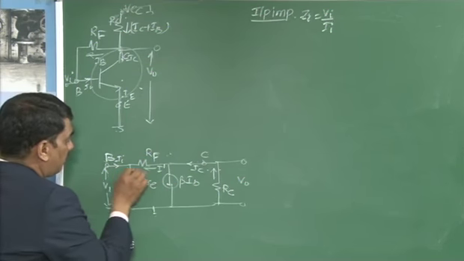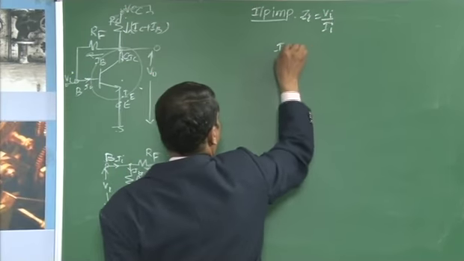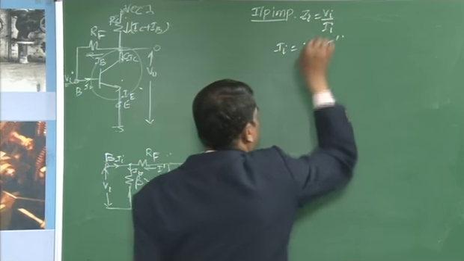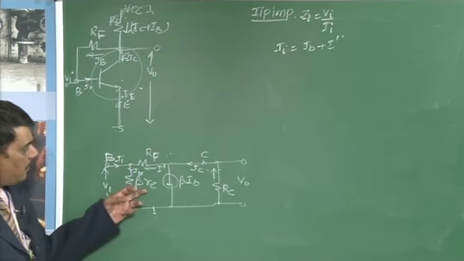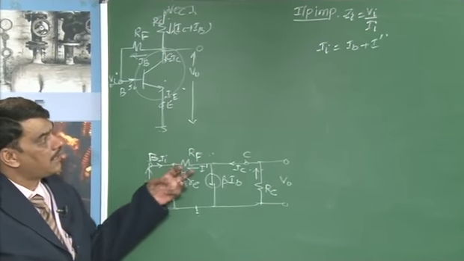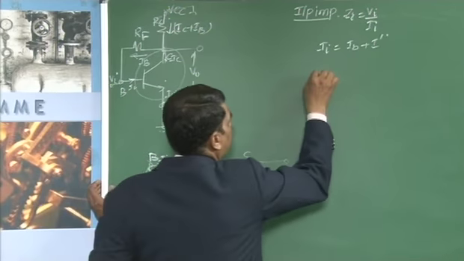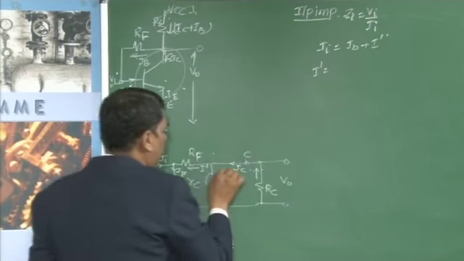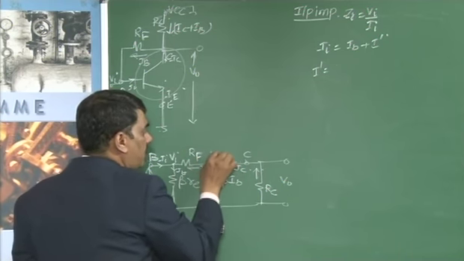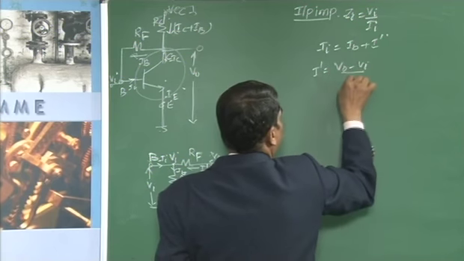At this node, Ii is equal to the sum of the currents IB plus I dash, where IB is the current flowing through the resistance beta times RE, and I dash is the current flowing through the resistance RF. You need to determine I dash. I dash is found from the potential difference across RF: the voltage at this point is Vi, the voltage at this point is V0, hence I dash is nothing but V0 minus Vi by RF.